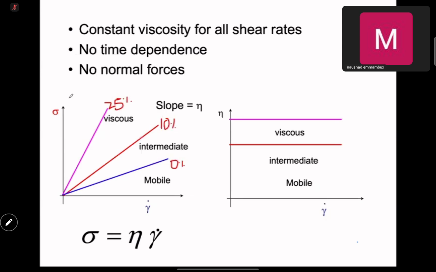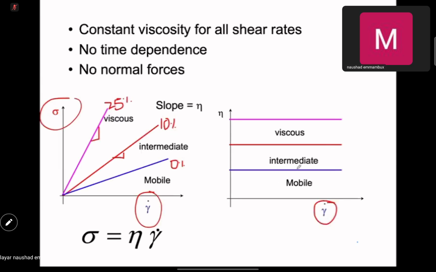Here is shear stress and shear strain. If you look at the slope, it's the same all the time, not affected by the shear strain. So this is your mobile, intermediate, and very viscous fluid: 0%, 10%, and 25% sugar solution. This is what a Newtonian fluid is.